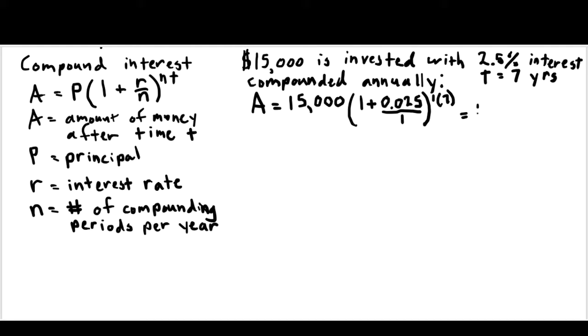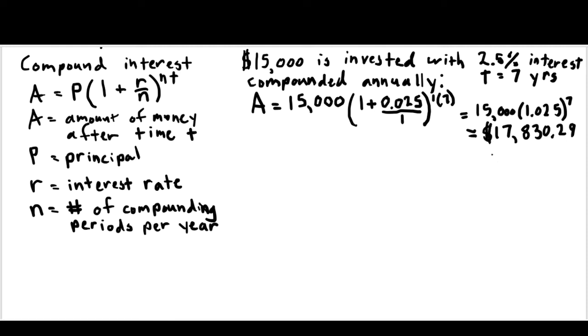This is going to equal 15,000 times 1.025 raised to the power of 7. And if you work that out on your calculator, you get $17,830.29.